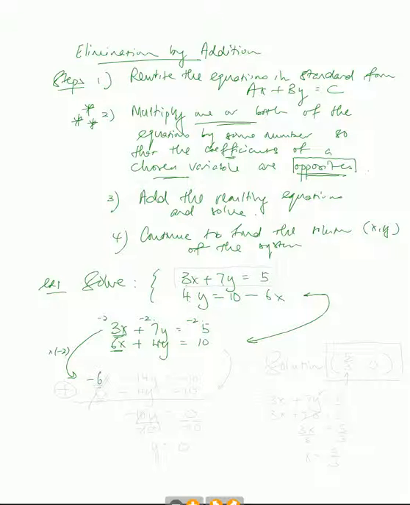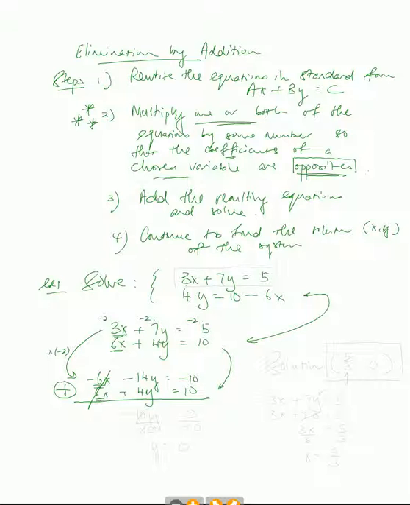So it's going to read -6x, -14y equals -10. As for the second equation, I'm not doing anything with it, so it's going to read 6x plus 4y equals 10. And the reason why I don't want to do anything is because the coefficients are already opposites, and so when I add the equations, they cancel.